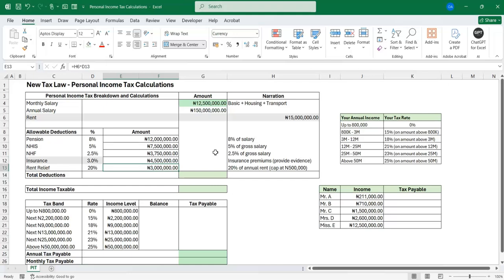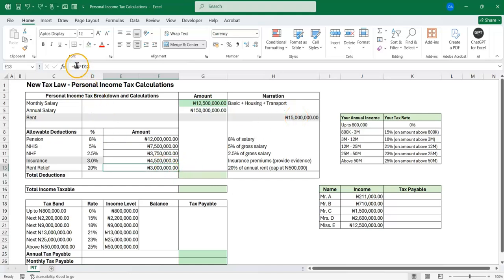Of course, you know that the law said that the maximum you can get is 500,000 naira. So how do we reduce this to 500,000? You can just write a simple formula, because I don't want to enter it manually like this. This is not appropriate, so we can just write a simple formula to take care of that. So I'll go back to say, okay, this is the original one.